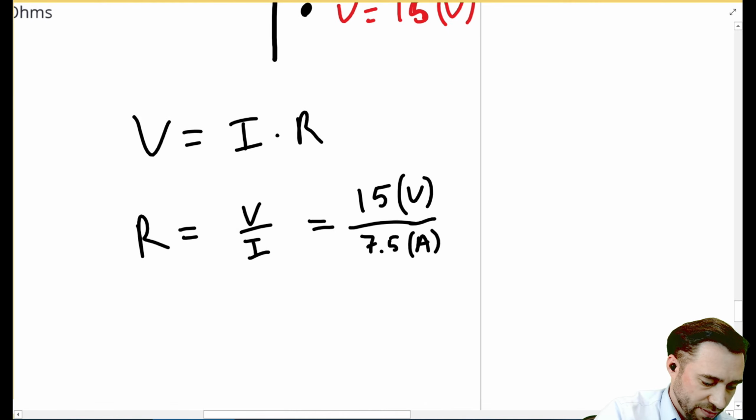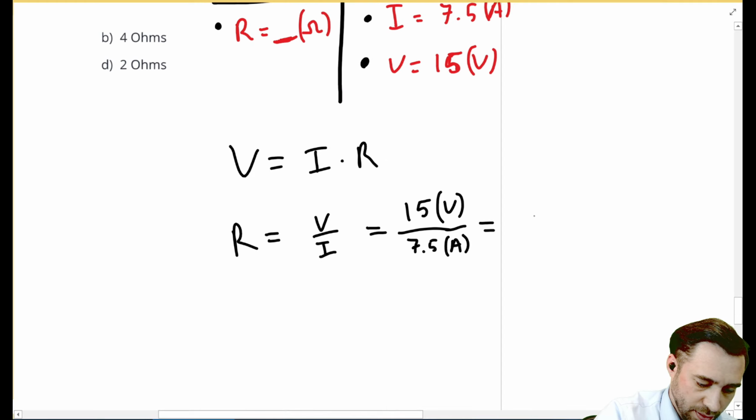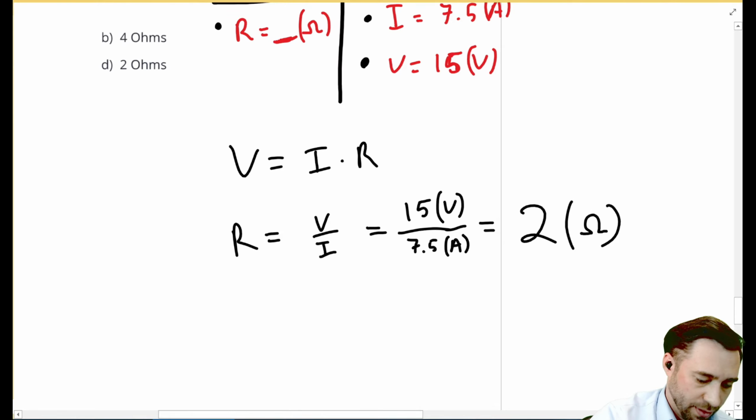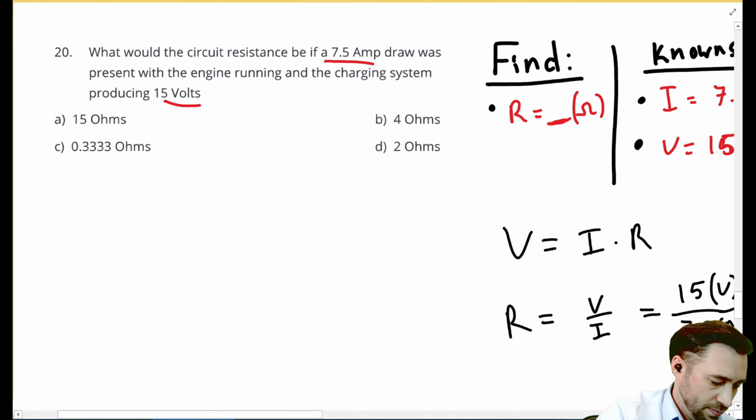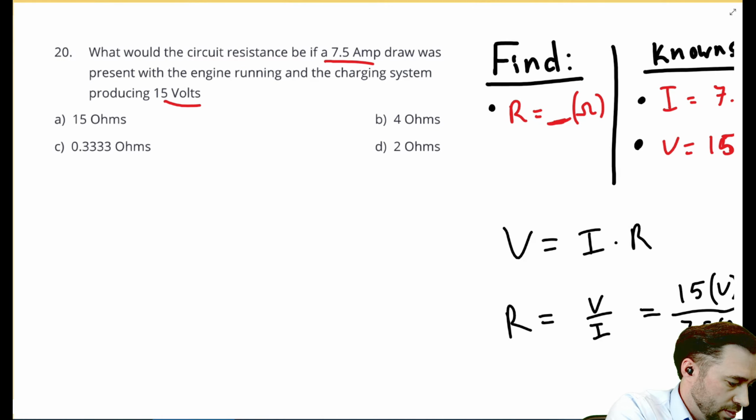So 15 divided by 7.5, I get 2. That's 2 ohms. So it's going to be letter D.